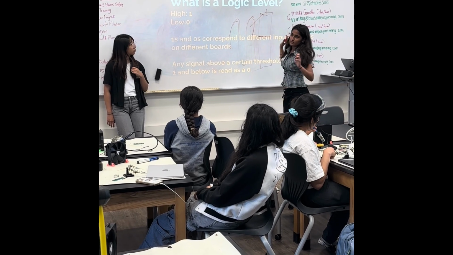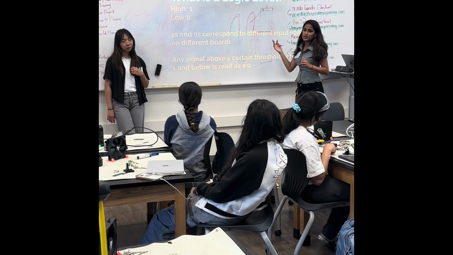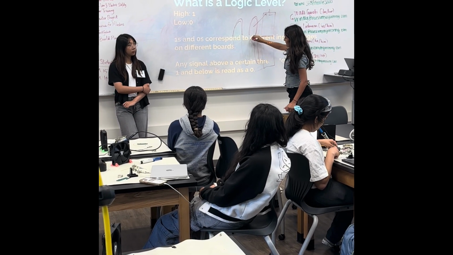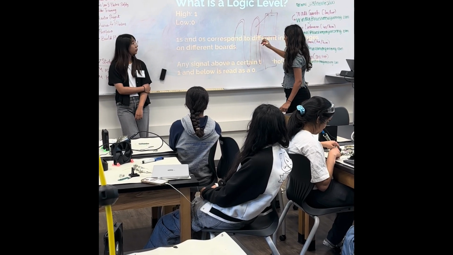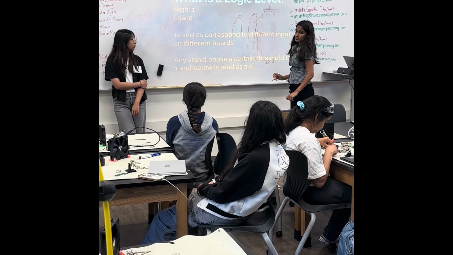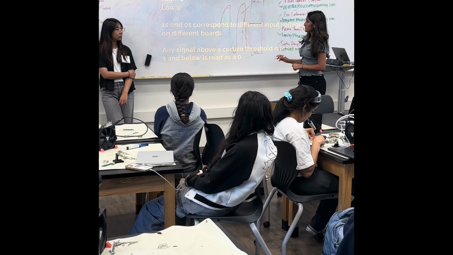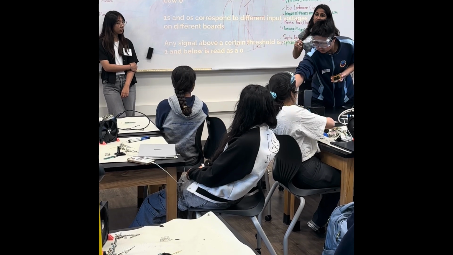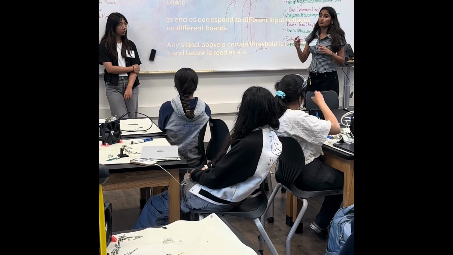I don't care what exact value it is. And everything below that, like this whole part, if it reads anything here, it's going to push it to 0. Okay? So this 1 and 0 correspond to different voltages in your boards.